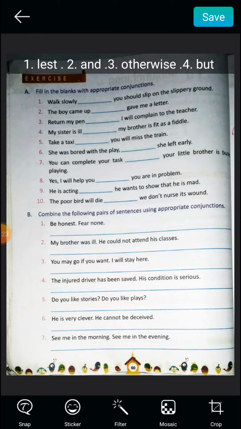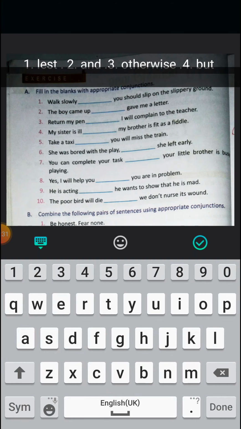The fifth one is: take a taxi dash you will miss the train. Take a taxi, or we can use "or" according to this sentence. Fifth one, or. Then sixth one: she was bored with the play dash she left early. She was bored with the play, so she left early.